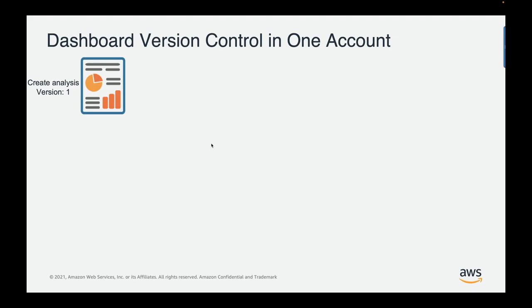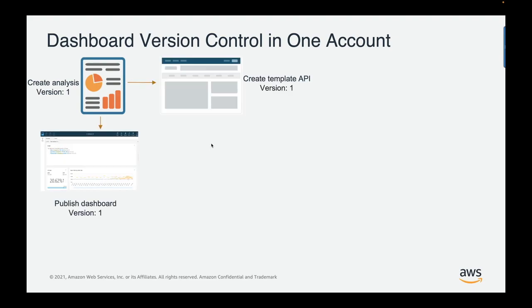And then you publish a dashboard. Let's say you publish it in your production folder, and your end user will be able to view the dashboard and play with it. And at the same time, you create a template. And the template is the version 1 template because it holds the metadata of your version 1 analysis.